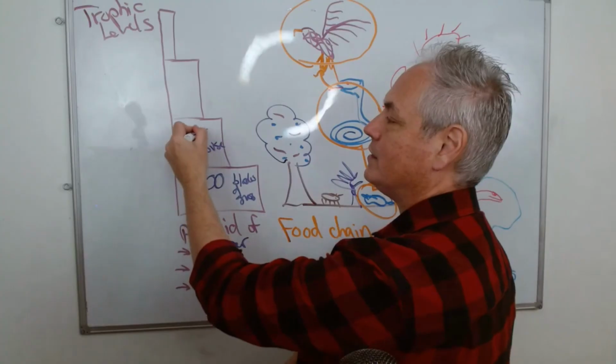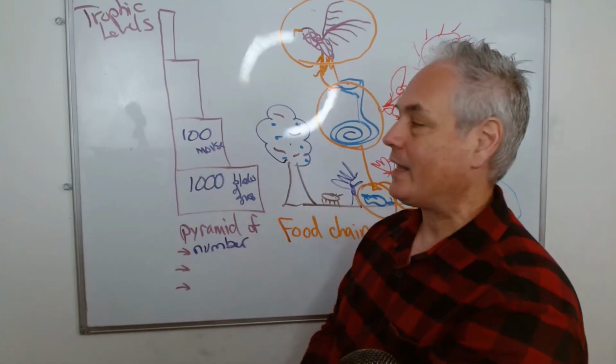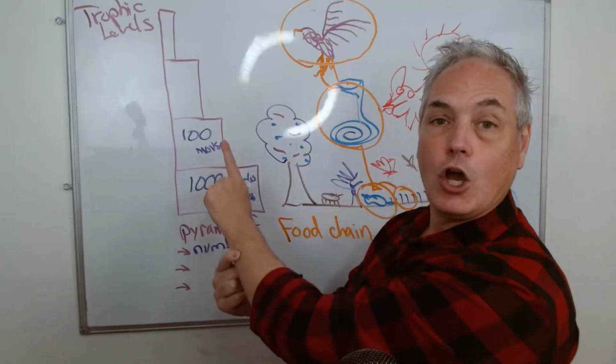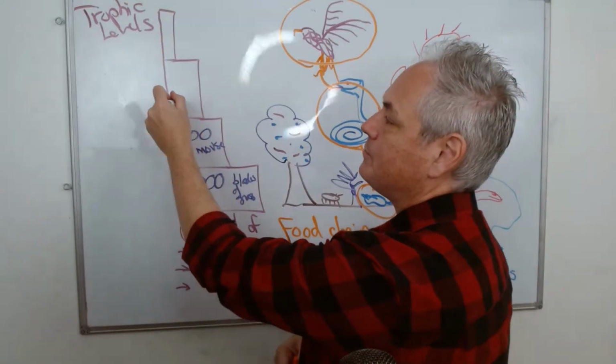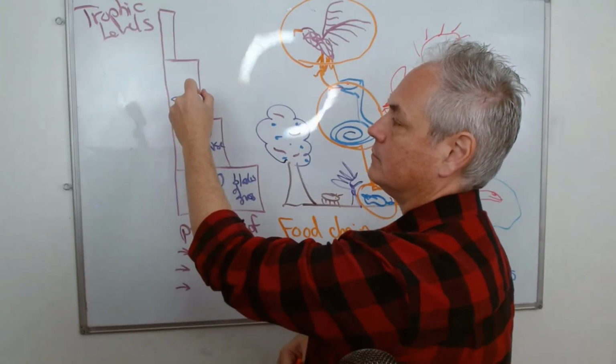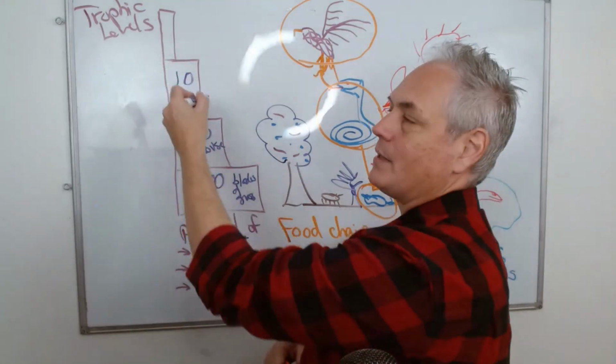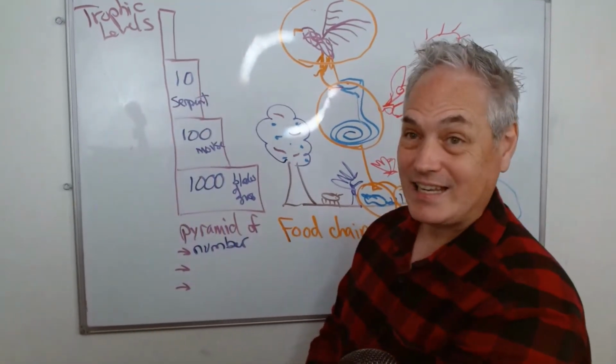It might be able to feed 100 of them. 1,000 plants to feed 100 mouse. Now, 100 mouse will not be able to feed 100 snakes. Maybe you might be able to feed 10 snakes.